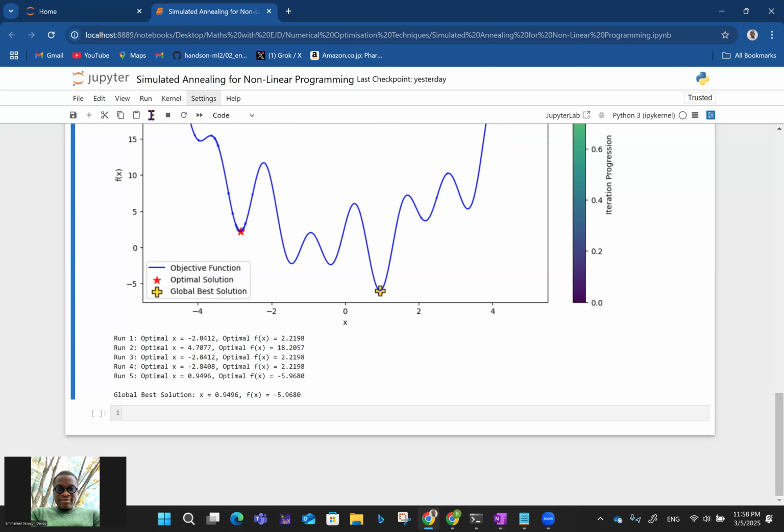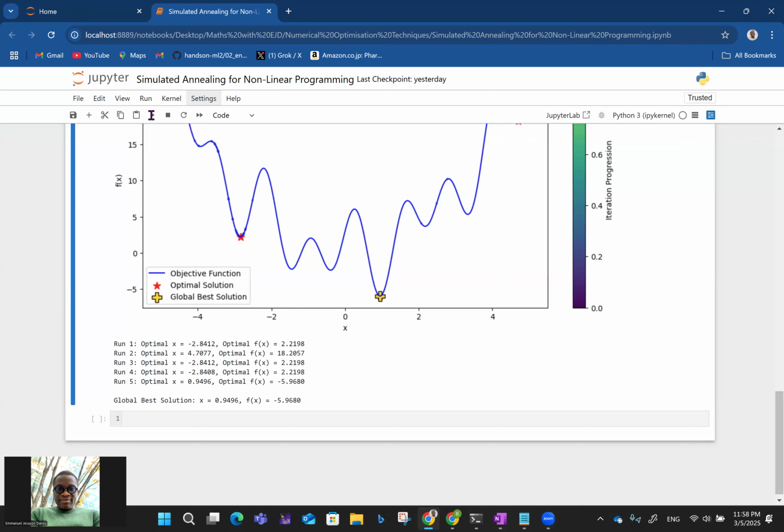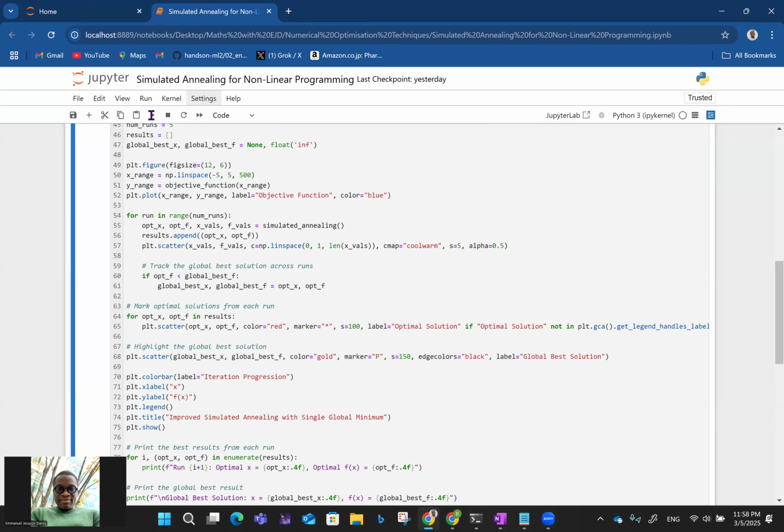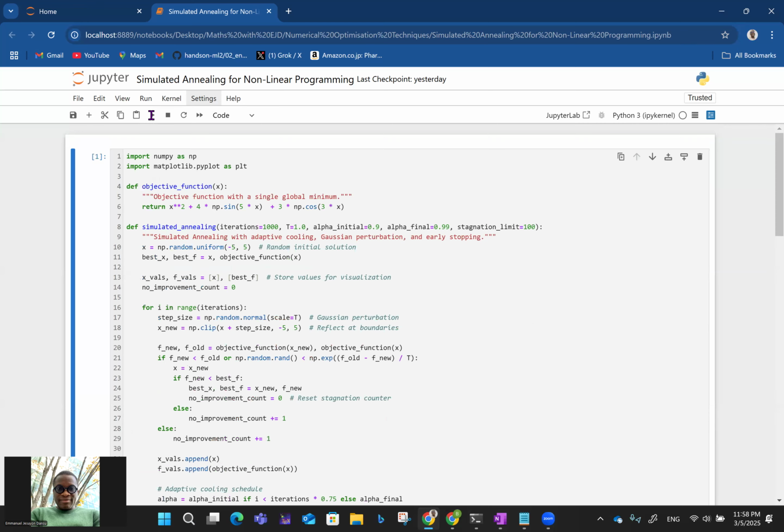For the final result, we have -5.9680 for f of x, and x itself is 0.9496. That is where it gets to a global minimum, and that happens in 5 runs. The first one you have -2.8412, which corresponds to 2.2198, and then it goes all the way down to where we finally get the optimum, the global best solution, which we can now accept.